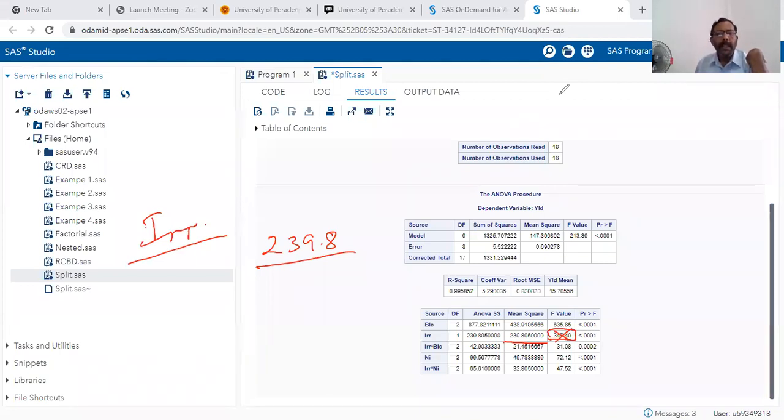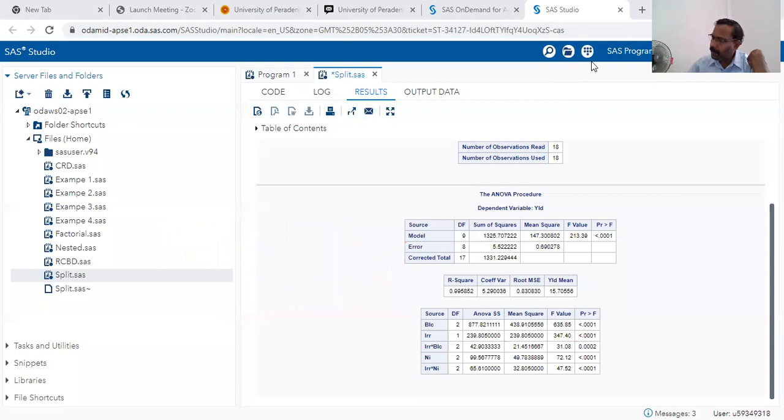Numerator is 239.8. The denominator is 21.45. This is the error term for testing irrigation. So you will get roughly 11 point something. That's the answer.